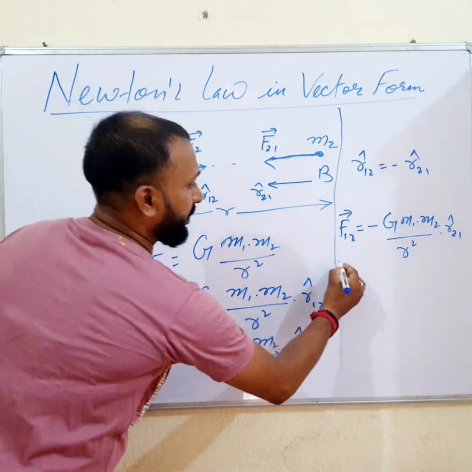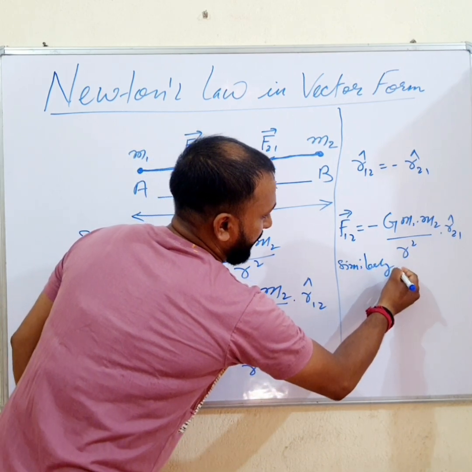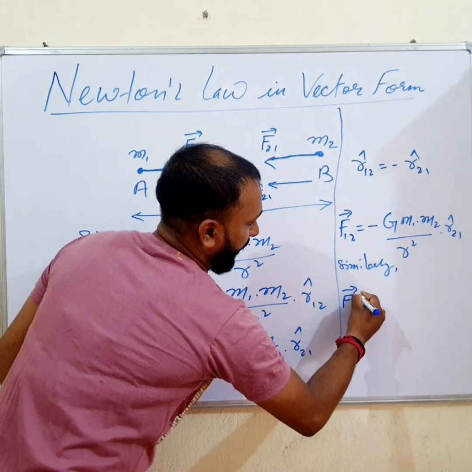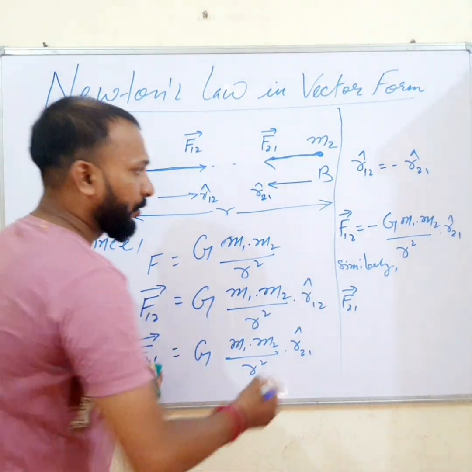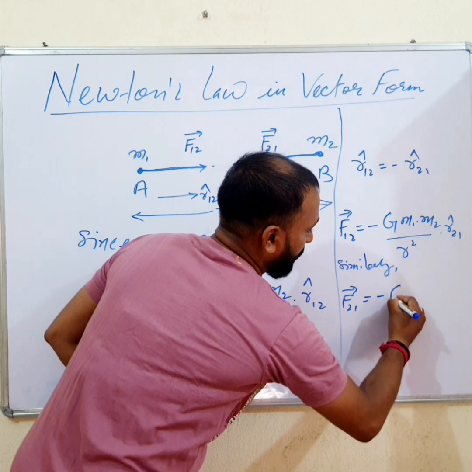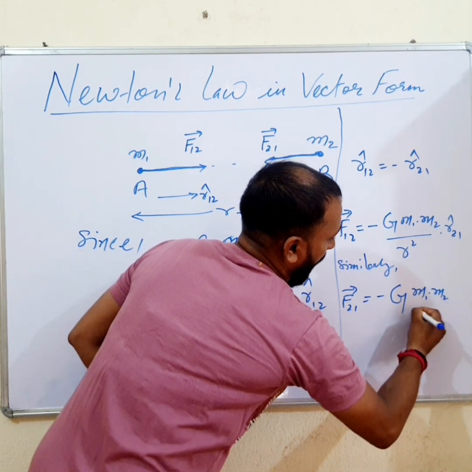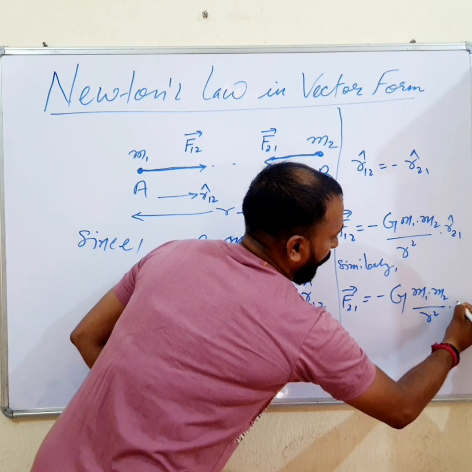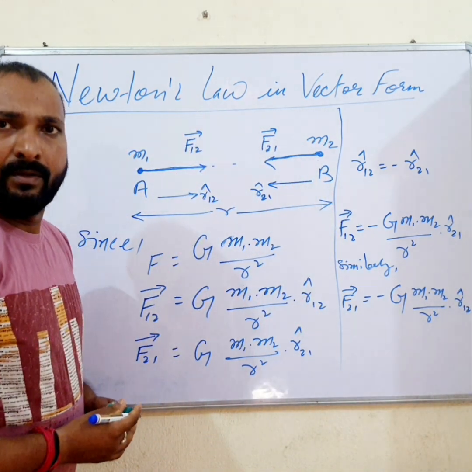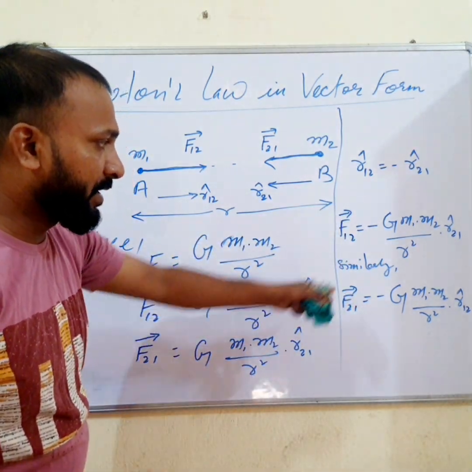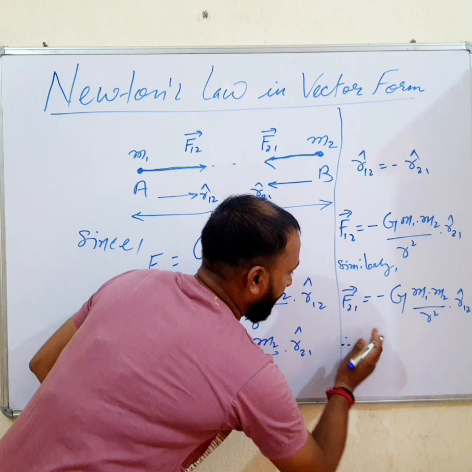And similarly we can write the F21 vector will be minus m1 m2 upon r square times r cap 12.